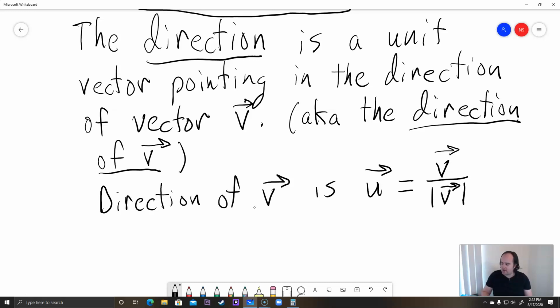Vector v divided by its length. That's the direction of v. So that's a unit vector pointing in the direction of vector v.